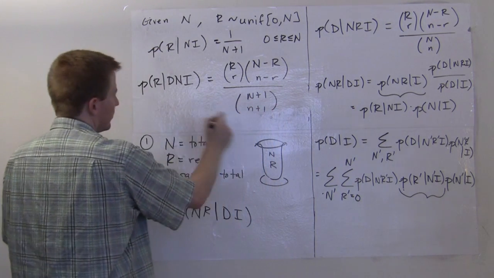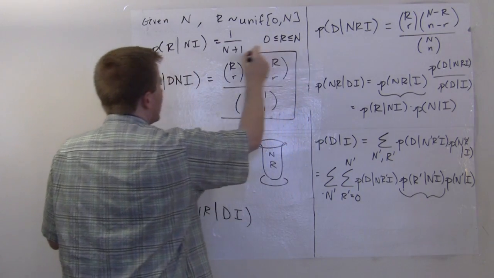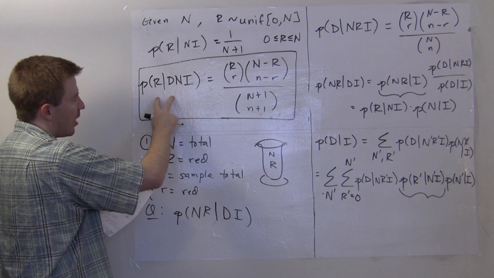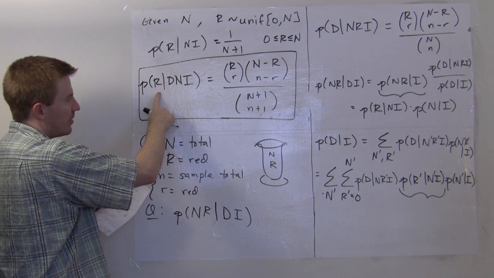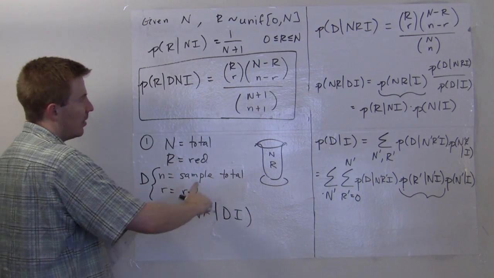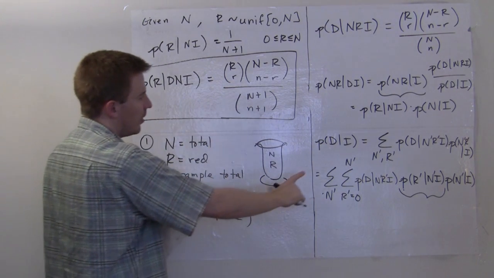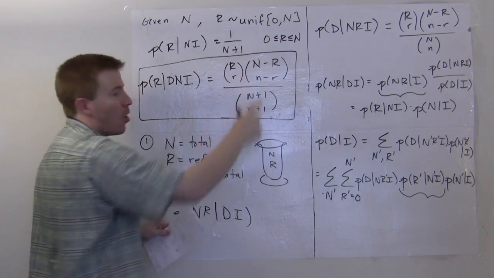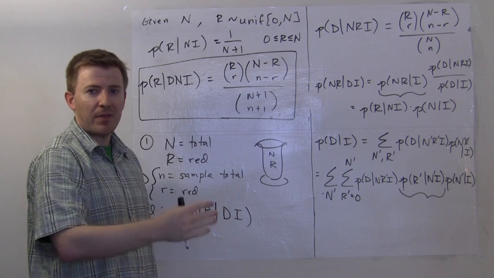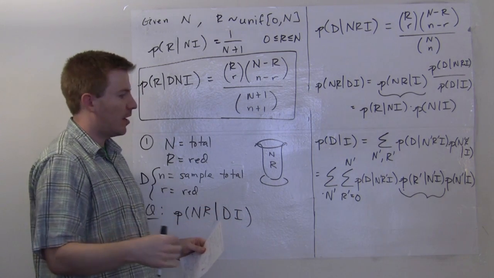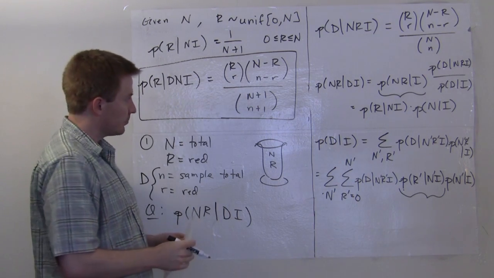Put a box around that. So that's the posterior probability assignment for the number of reds, conditional on our sample information, and assuming that we have a known value of n, but within that, no extra knowledge about the number of reds. So we're indifferent to the number of reds given the value of n.